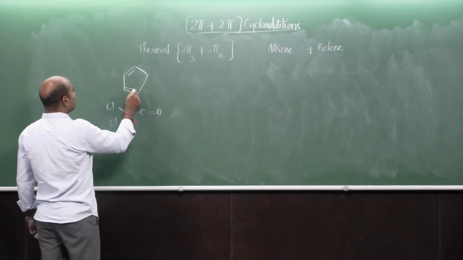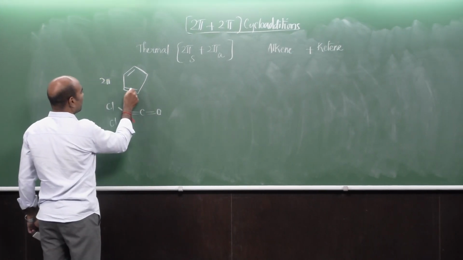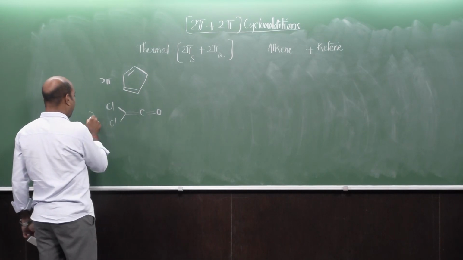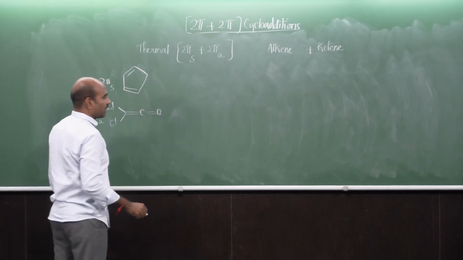Yeah. So, this acts as a 2π partner utilizing one of the pi bonds and this again acts as a 2π partner. So, this is antara partner and this is supra partner, right.